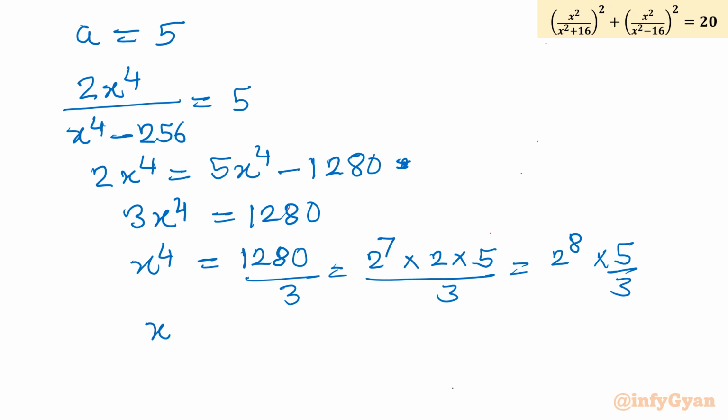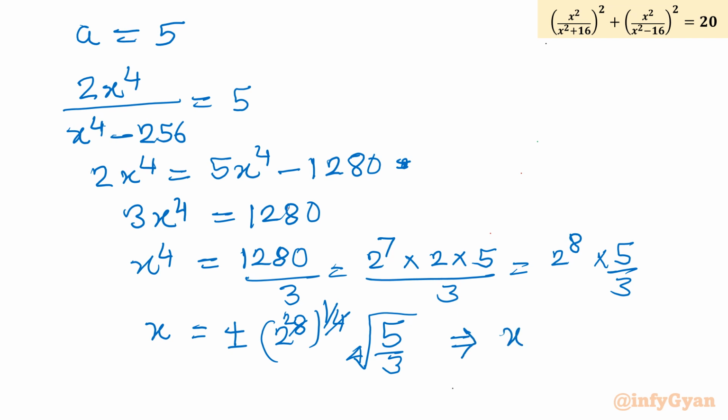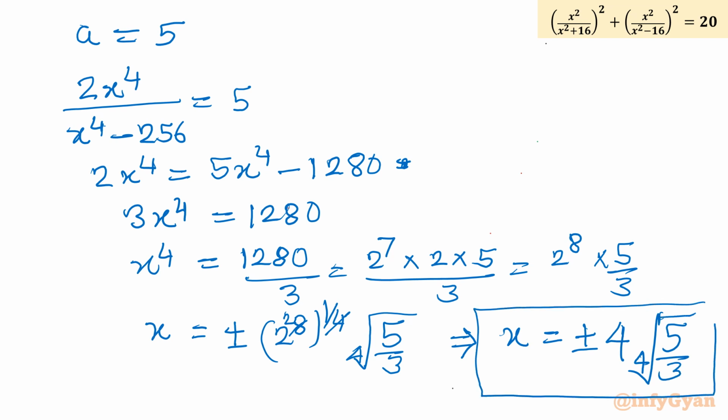So I can write x is equal to plus minus (2 power 8) whole power 1 by 4, and then the 4th root of 5 over 3. So I can cancel 4 and 8 by writing over there 2. So finally our answer will become x is equal to plus minus 2 square, which is 4, and then the 4th root of 5 over 3. This is our first solution from the first equation, a pair of solutions with plus and minus sign.